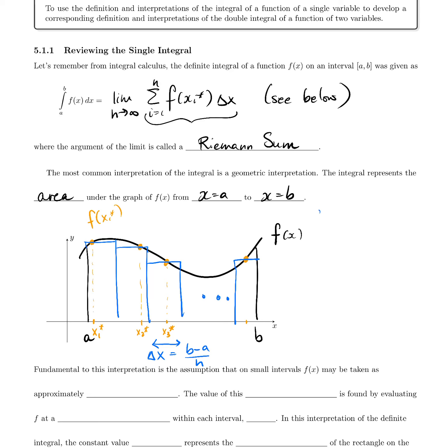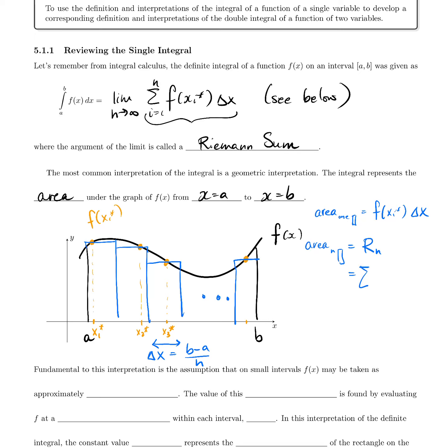So you took this information and you said, well, the area of one rectangle, that's base times height. So the height is f of xi star, and the base is delta x. And then you said, the area of n rectangles is actually the Riemann sum that you called Rn.